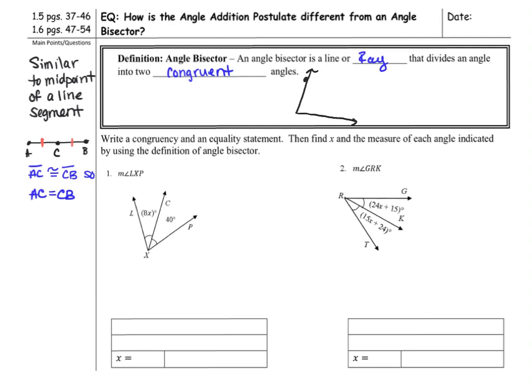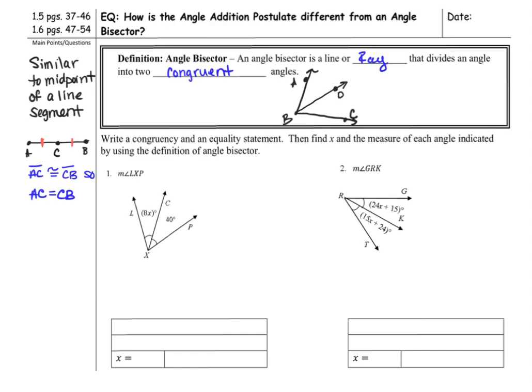I'm going to label this A, B, and C. So it says an angle bisector is a line or ray that divides an angle in two. So that means that there will be a ray that will divide this angle exactly in half. And we're going to call this point D.